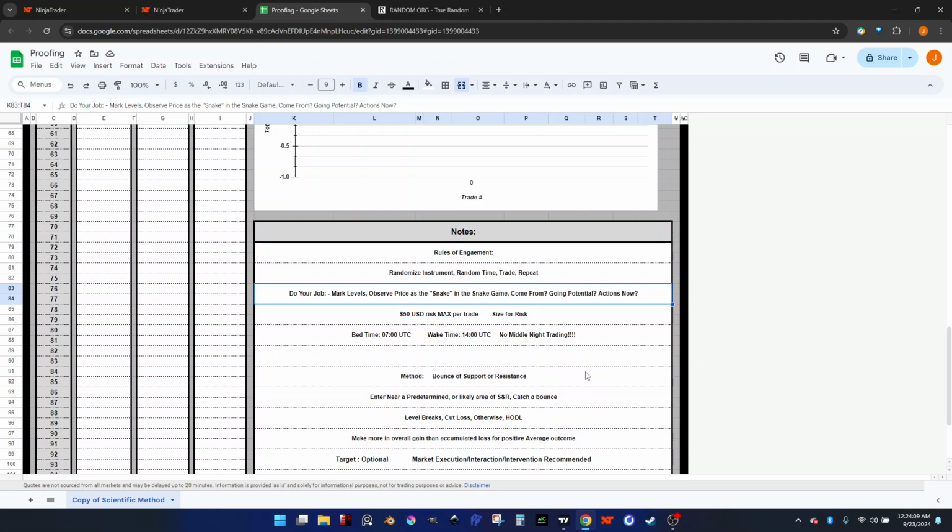It looks the same all the time, so it's fairly easy to spot. So check that video out. I'll try to remember to put a card in for this. But that means we're just going to enter near one of those predetermined or likely areas of support and resistance, and we're just going to hope to catch a bounce.